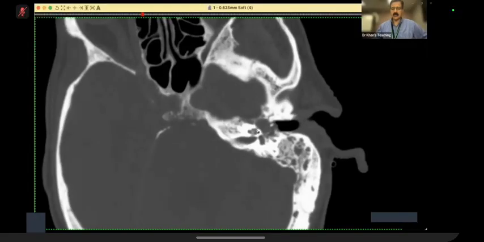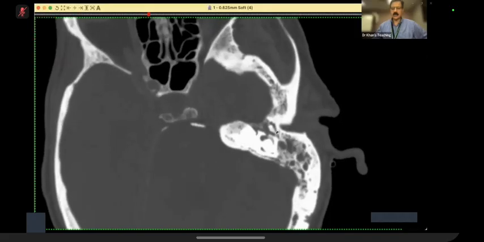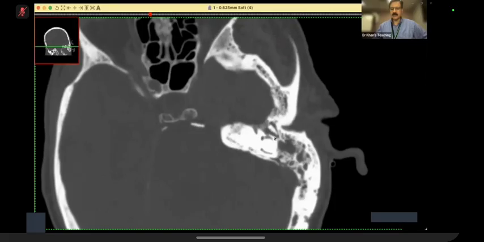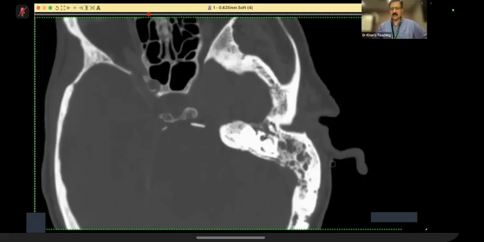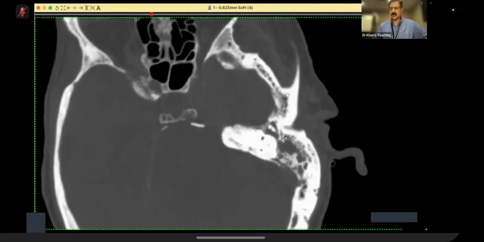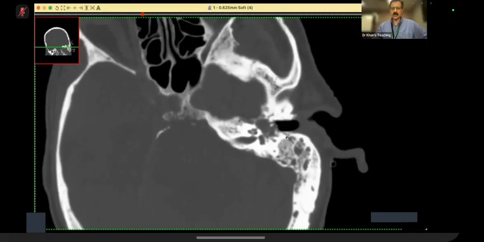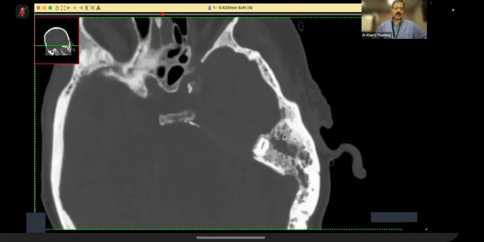So the cochlea, there is fistulization of the cochlea. And by the way, one can argue that there might be some fistulization. This is the lateral semicircular canal, and you can see this defect here. So the lateral semicircular canal fistulization is also there. And this is the malleus, etc. So this is what it is.